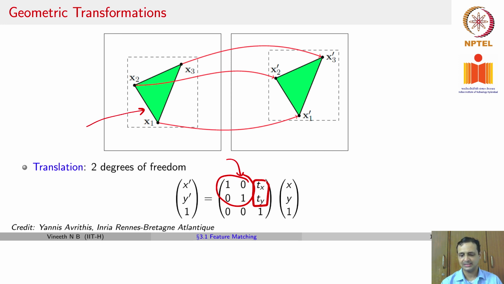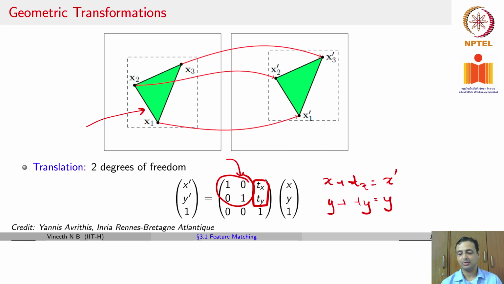Why so? Let's analyze this a bit carefully. It's simply a matrix vector transformation. If you simply did a matrix vector multiplication, you'll actually see that this is just another way of writing a system of equations. And the system of equations says x plus tx is equal to x prime. Similarly, you have y plus ty is equal to y prime.